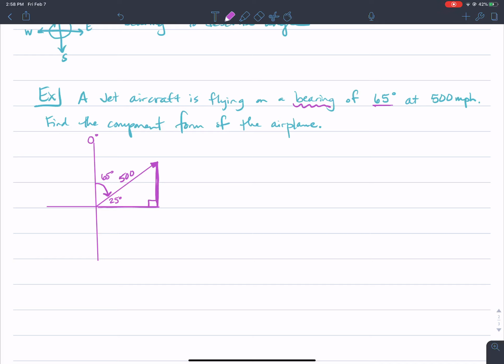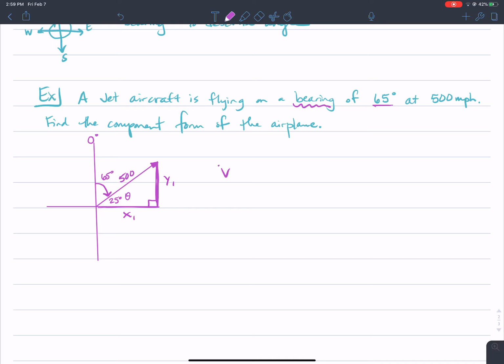To find the components, here's your x1, your y1, and you want to do the same thing that we just did in these last examples. I don't care which method you do. You can do SOHCAHTOA. You can do the formula. I don't really care. Your direction angle, though, is the 25.